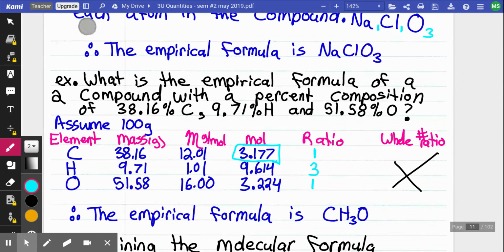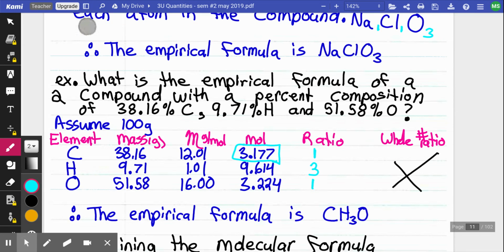But I want you to notice I'm assuming 100 grams. I've set up my table. So I have my element, the mass if I've assumed 100 grams, my molar masses I've taken from the periodic table, my number of moles, and I have ratios, and I write whole number ratio there in case I need it, so I don't forget what to do if I need it.